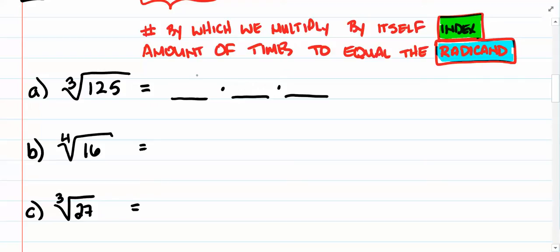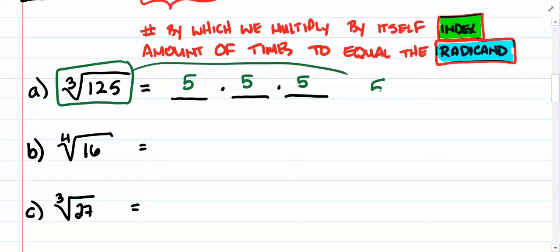Well, it has to be 5, right? Because 5 times 5 is 25, and then 25 times 5 is 125. It's not the number 125, it's the number 5. So the cube root of 125 is the number 5.